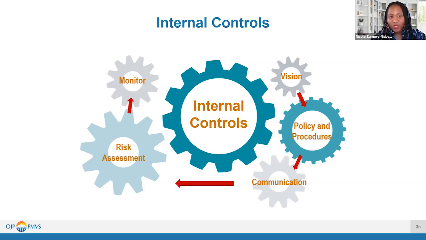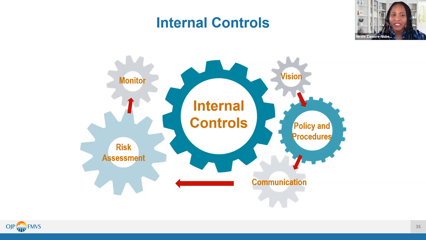And with any communication that your employees are receiving, they also have the opportunity to give you an update on the efficiency of your policies and procedures, and you can make changes and address discrepancies in how they are implemented, if there are any issues with how they were implemented, or if they're not working as intended.